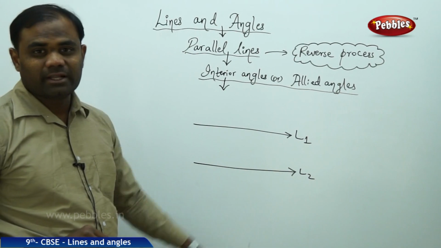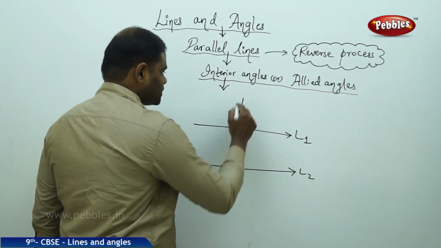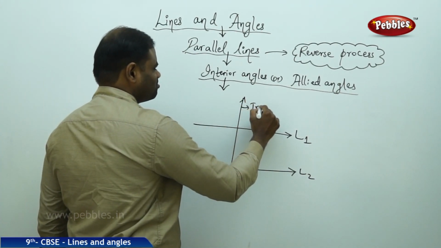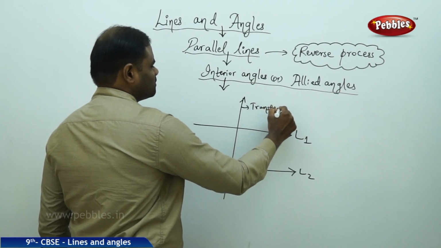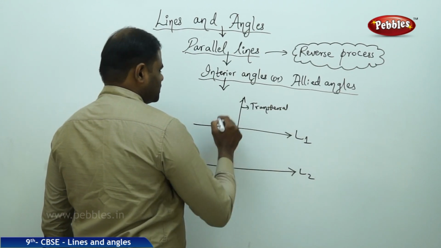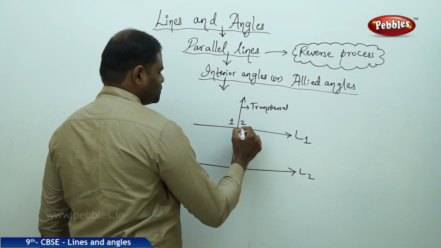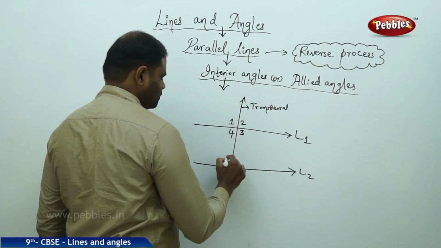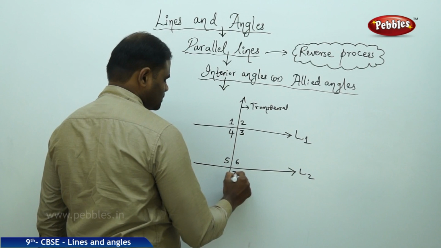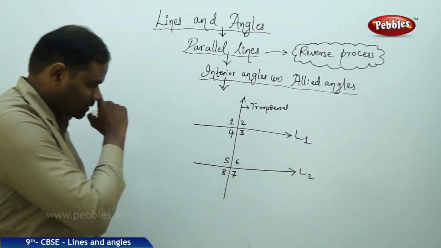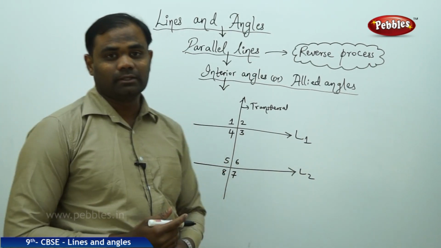These two are the lines L1 and L2 divided by a transversal. It makes 8 different angles, 1, 2, 3, 4, 5, 6, 7, 8.